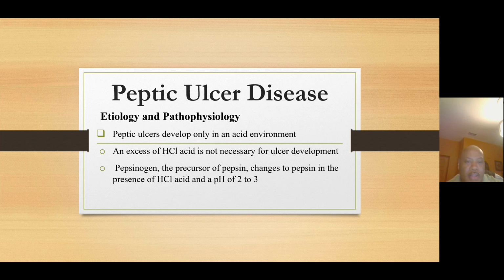Now, if you take a look at figure 41.12, it shows the interrelationship between the mucosal blood flow and disruption of the gastric mucosal barrier. Several factors do damage the mucosal barrier that we will also explore as we go through this discussion.